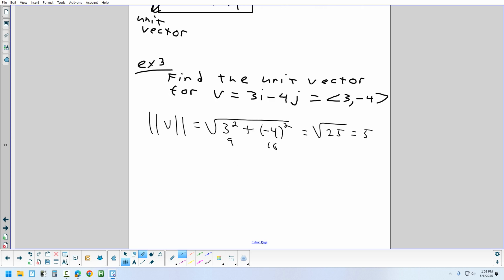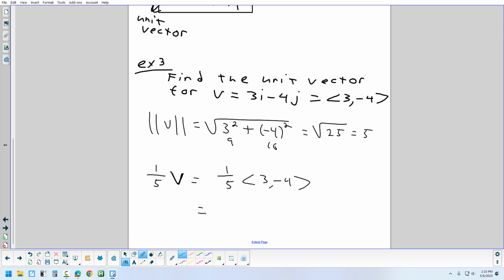You scale it by 1/5. We're going to scale it by 1/5. So that is what I need to figure out. What is v scaled by 1/5? Okay. So take 1/5 of the vector 3, negative 4, and think of it like a distributive property.